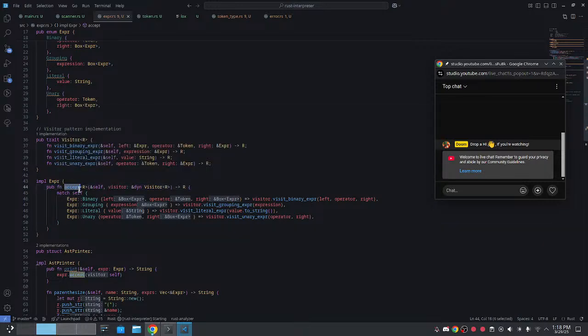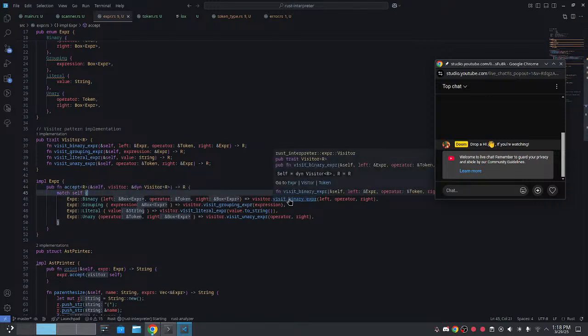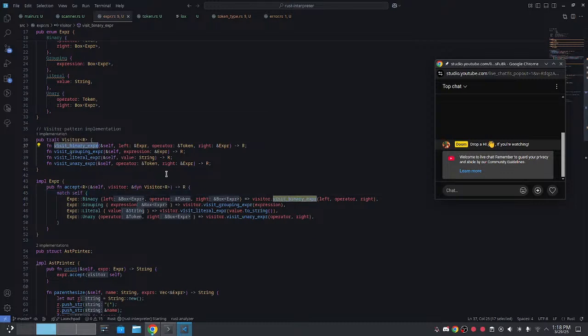This is generic over R, and what it would do is specifically call the designated function for each of the aspects of Expr, right? So based on the visitor, right?